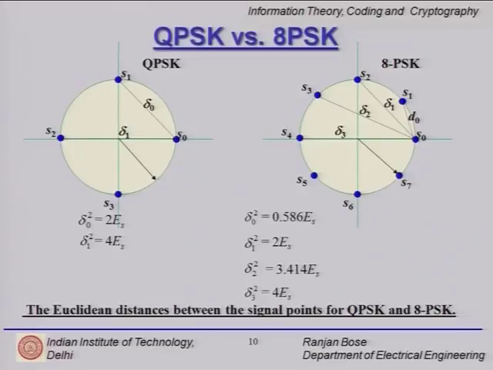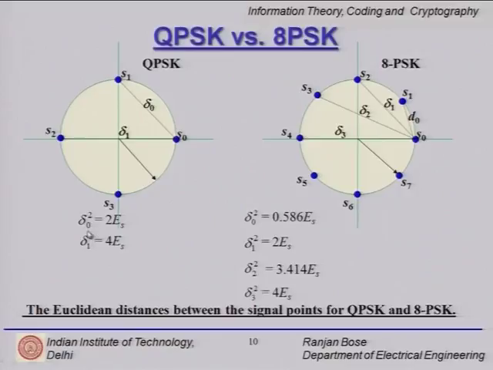You see that both the circles are of the same radius, which means that energy per symbol is the same. Now, we also know that the probability of error depends on the Euclidean distance.